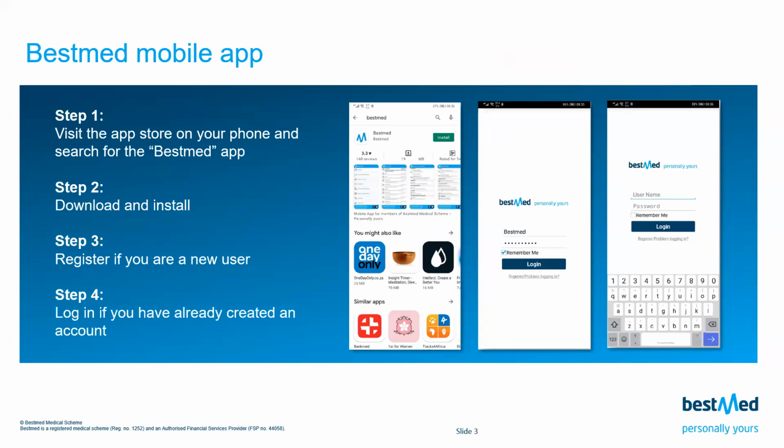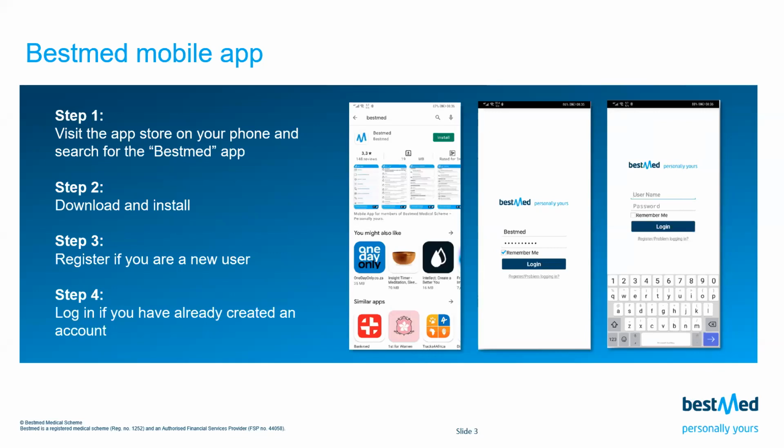Once you have downloaded the app, you will have to go through the process of registering yourself. So you will have to click on the register button below the login button on the screen. And it will then take you through a few prompts on how to register.